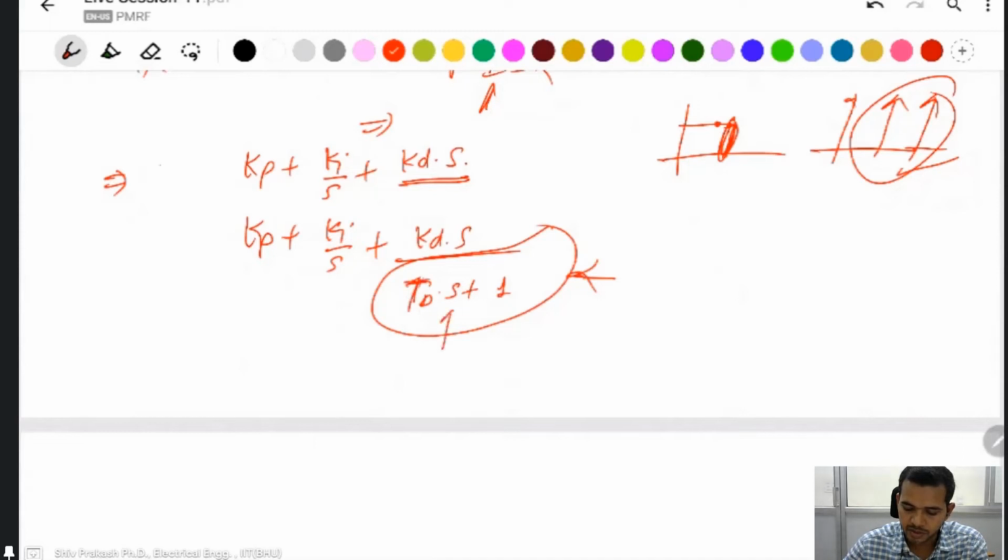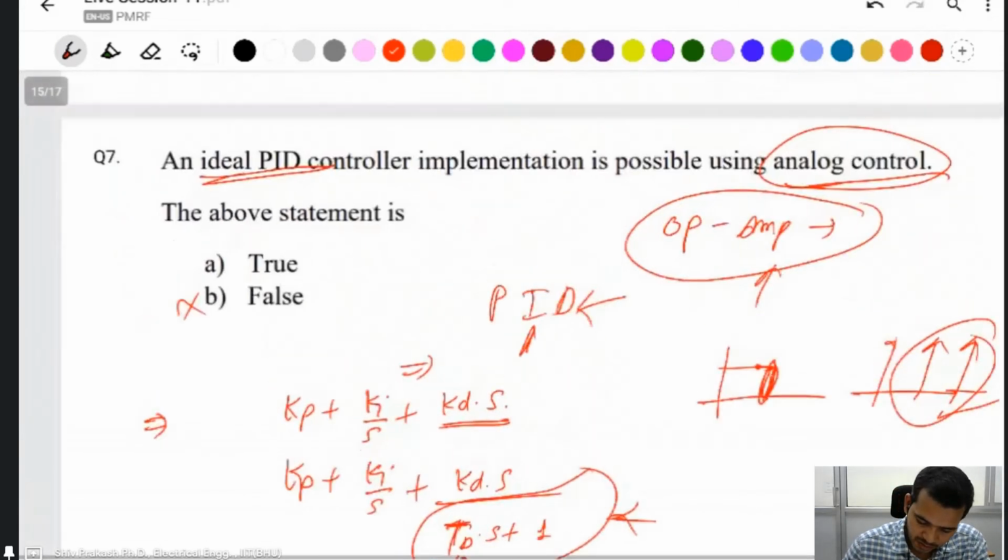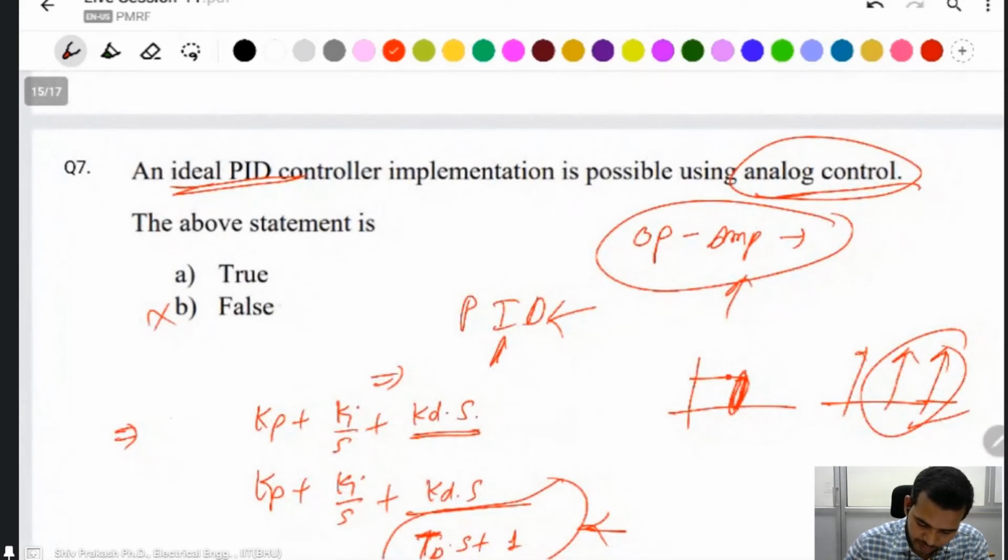And this is the frequency of this one, TD, the time constant, depending on the noise or the frequency of the noise. That's why this statement is not true, this one is false. A practical PID controller is possible using an analog control system.